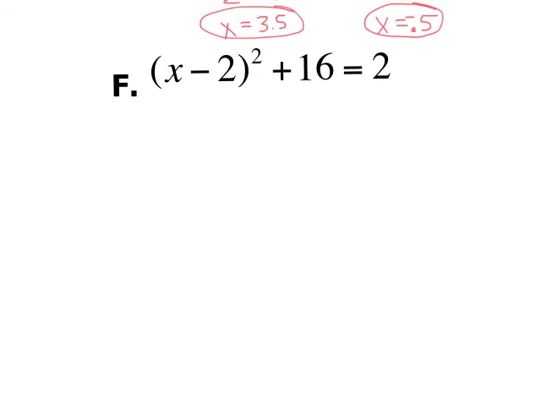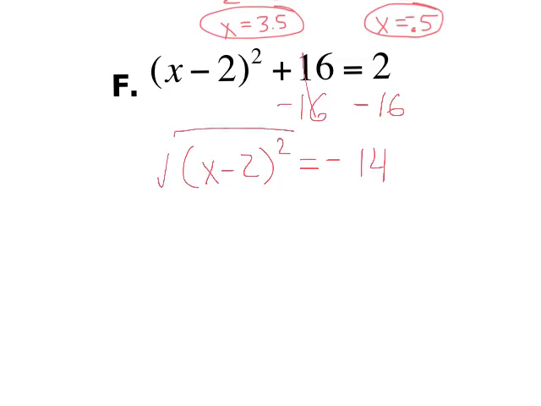So let's look at F really quick. So I need to get the square part by itself, so I subtract 16 from both sides. And I get x minus 2 quantity squared equals negative 14. And I need to get rid of the square, so I square root both sides. And I get x minus 2 equals, what's the square root of negative 14?